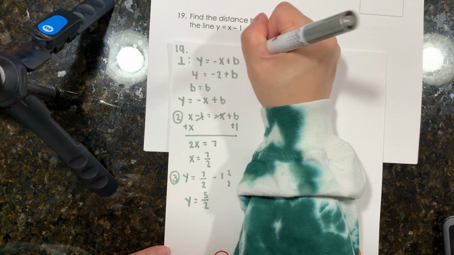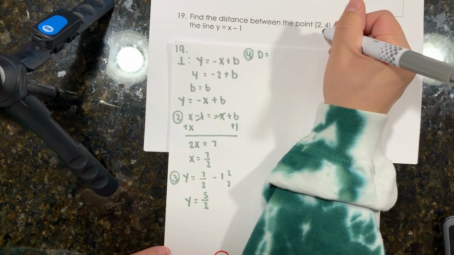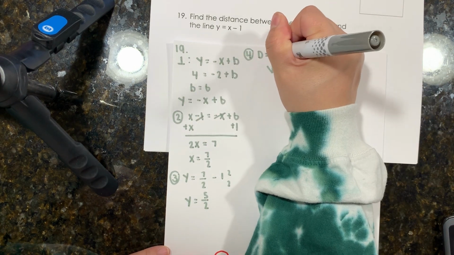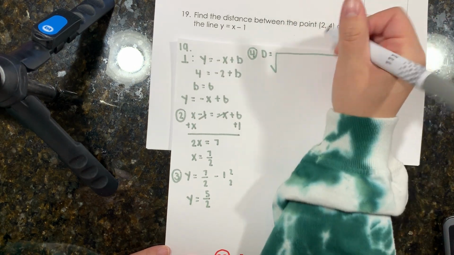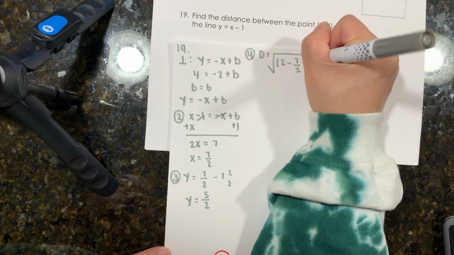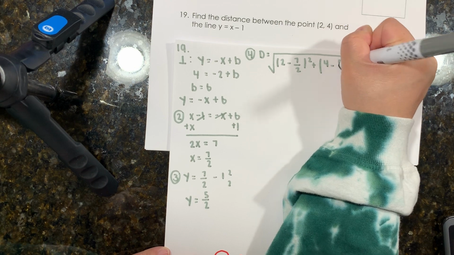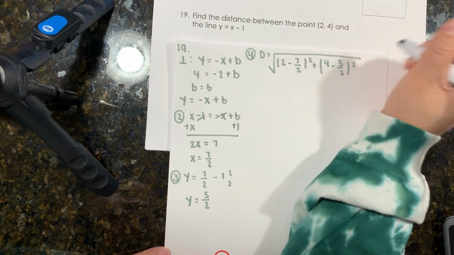Now step 4 is going to be to find the distance between my original point and my new point. So it's x1, so 2 minus x2, which would be 7 over 2 squared, plus y1, which is 4, minus y2 squared.